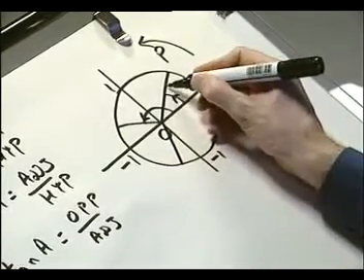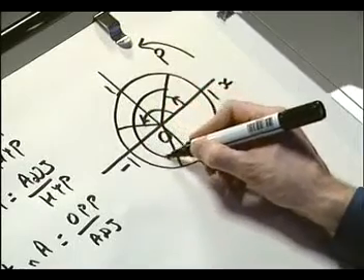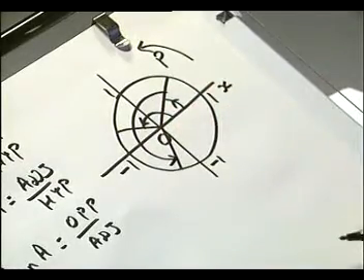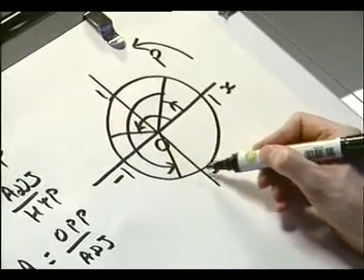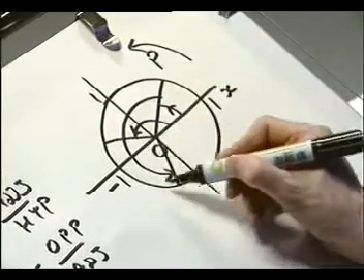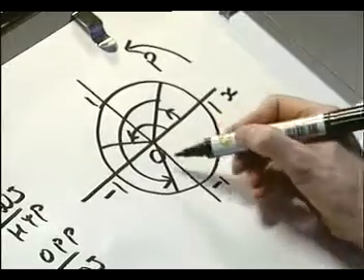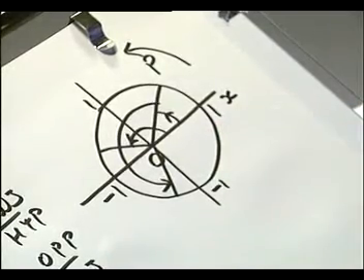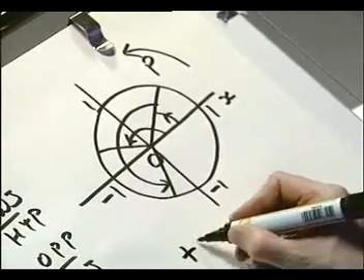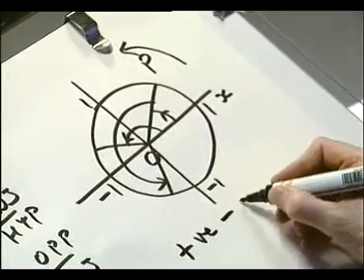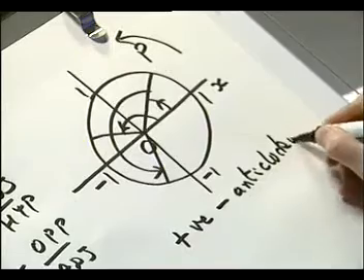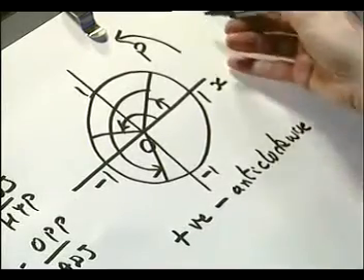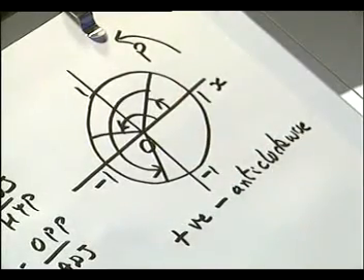Come round to here, and we've gone right the way around there, an angle that's greater than 180, but less than 270. And similarly into this quadrant. So positive is anti-clockwise. We get positive angles if we go round in an anti-clockwise way.